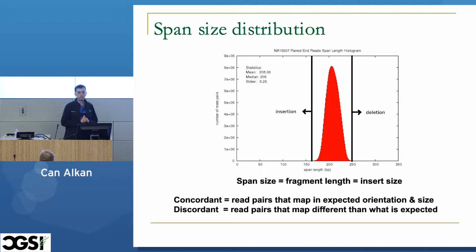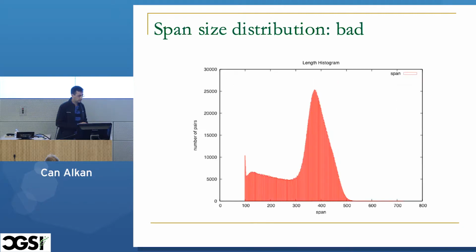What you do is you plot this, calculate the average and the standard deviation of the sizes genome-wide, and then you flag those mappings that map too close to each other as insertions and too far away from each other as deletions. But again, some distributions can be bad. Again, this is from 1000 Genomes. The part of the distribution looks like Gaussian, but you can see the big tail on the left side.